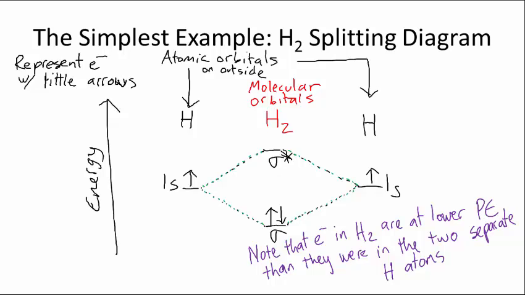So the dotted lines represent which atomic orbitals went into making which molecular orbitals.